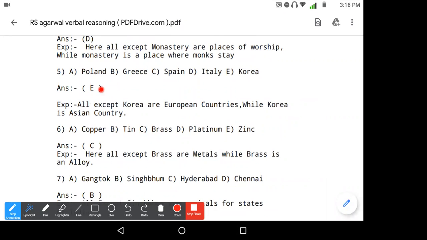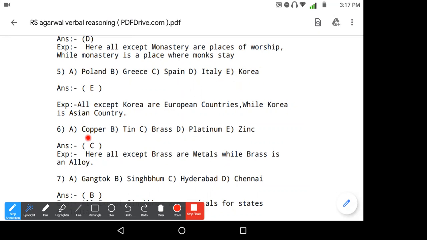Now, to answer such questions, you have to know about the countries which are in Europe, or states of a few countries like that. Because it's a preconceived notion that we have learned the world map from schooling, you can expect such questions. So Poland, Greece, Spain, Italy are all part of European countries, but Korea is an Asian country. So Korea is the odd man out.